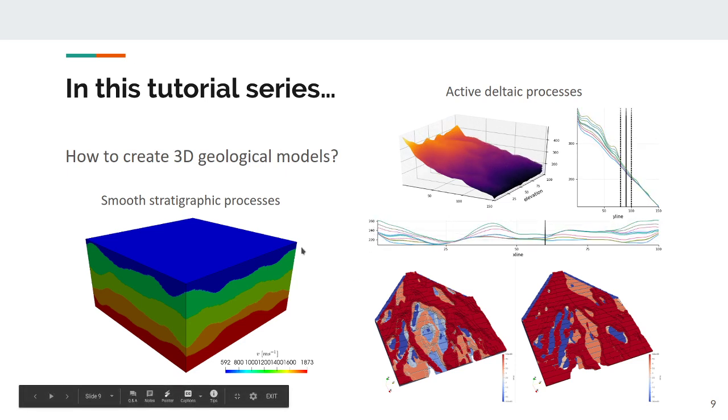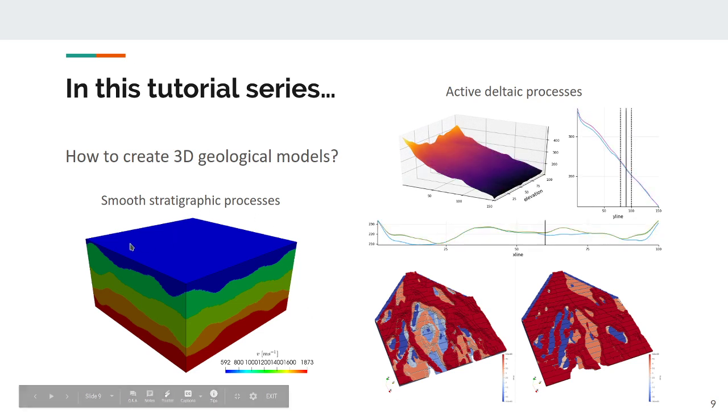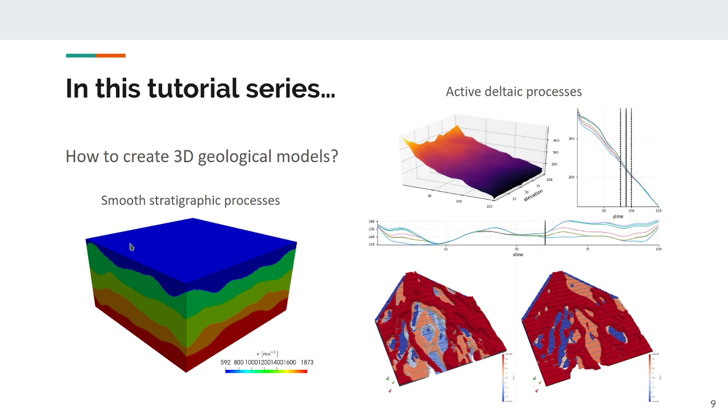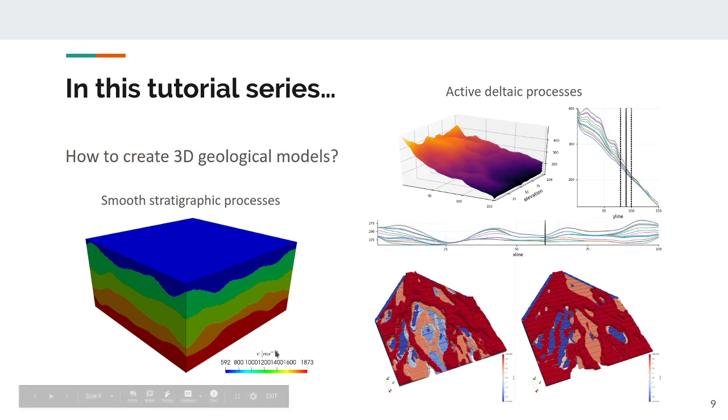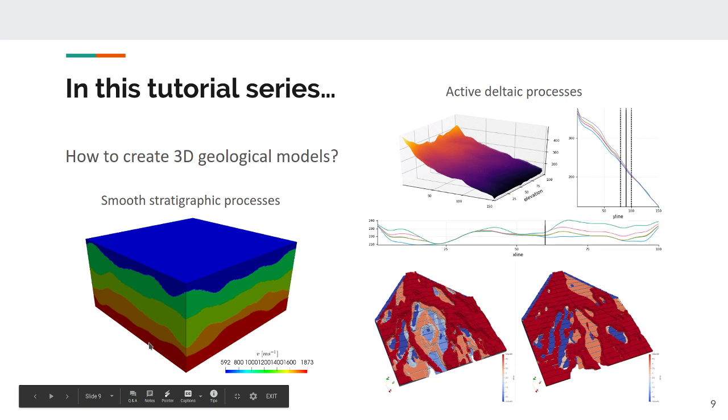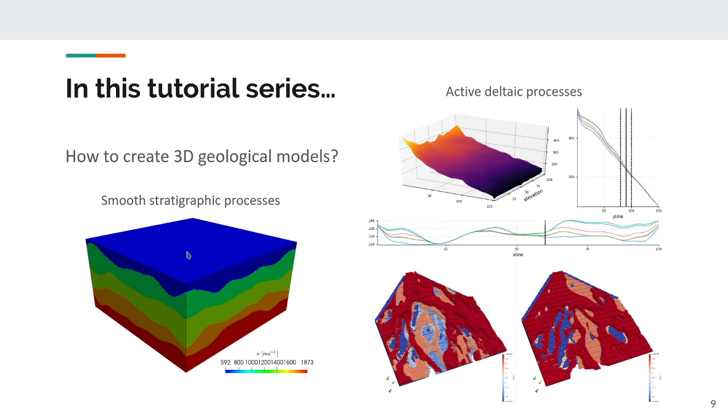So I'll be explaining how you can use GeoStats.jl to build very large, let's say, voxel models like these ones here, where you actually have, I think, 1000 by 1000 by 500 voxels in this model, and you can generate hundreds of these very efficiently.